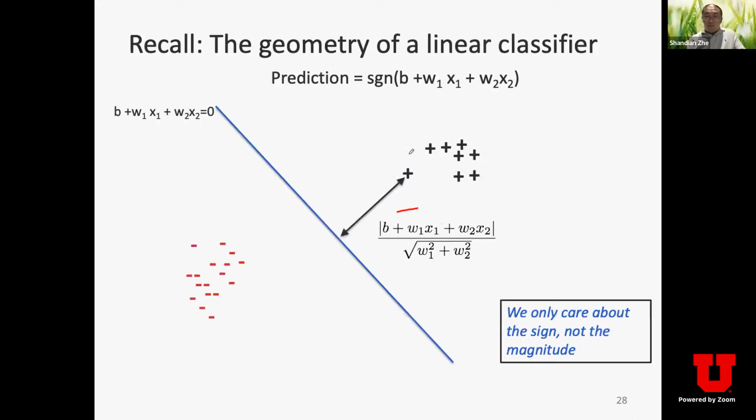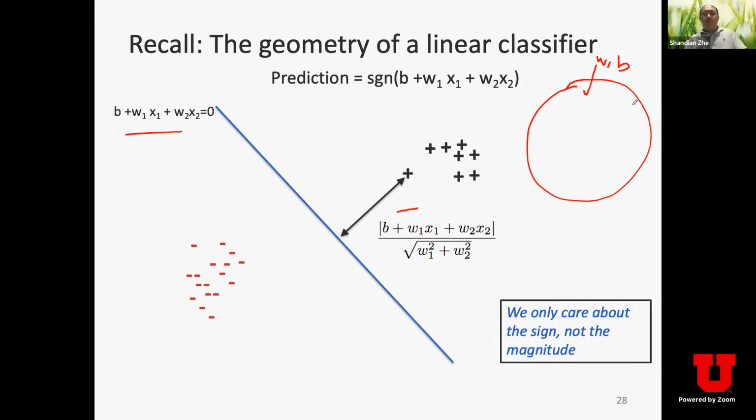To get over this issue, we're going to use an insight we have mentioned many times, but we never claimed why it is useful. Remember, we talked about the geometric view of linear classifiers. We emphasized that we only care about the sign, not the magnitude, of the weight and bias. That means if this is the whole space of W and B, searching over the whole space is actually unnecessary.